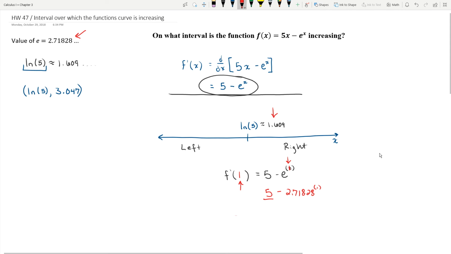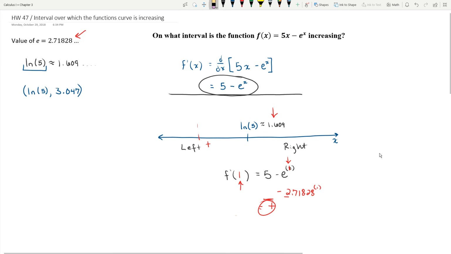As you can see, 5 is greater than 2. Therefore, this is going to be a positive outcome. Whatever the solution is, I'm not even concerned with an exact amount. I just want to know what is the solution's sign. And in this case, it's going to be positive. So it'll be positive at 1.